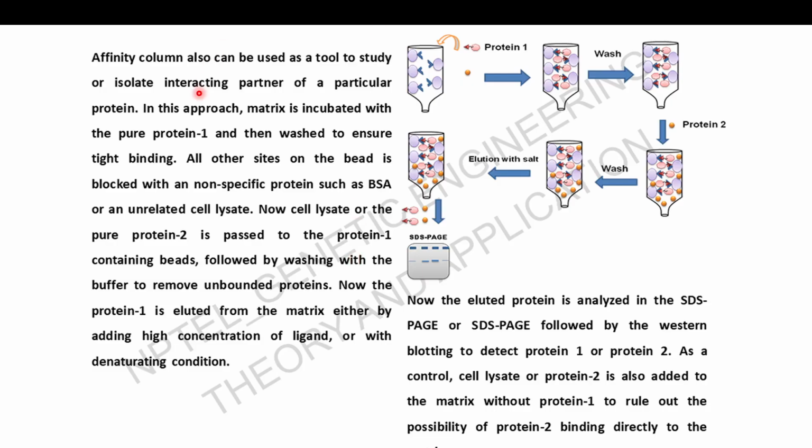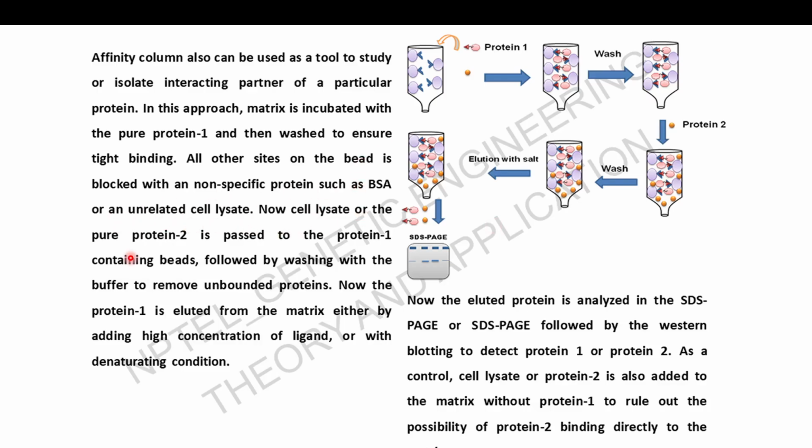Okay. Now, this is the same thing for an affinity column. It can be used as a tool to study or isolate interacting partners of a particular protein, where the chromatographic resin is incubated with the purified protein and then washed to ensure tighter binding. And all other sites on the bead are blocked with a non-specific protein like BSA or an unrelated cell lysate.